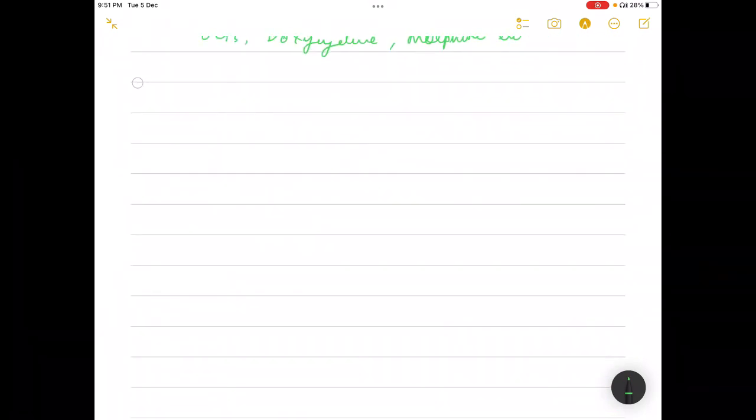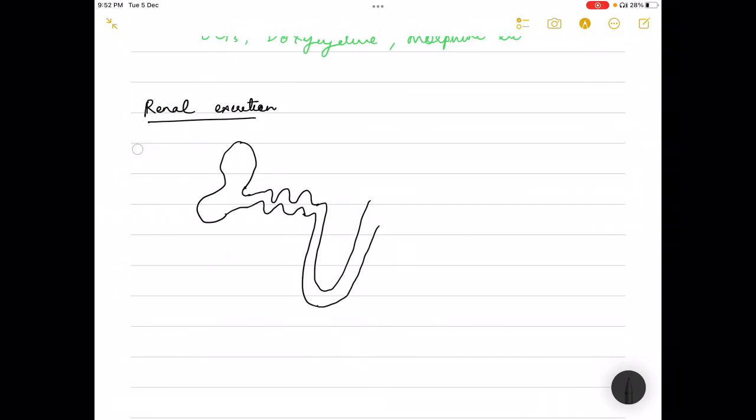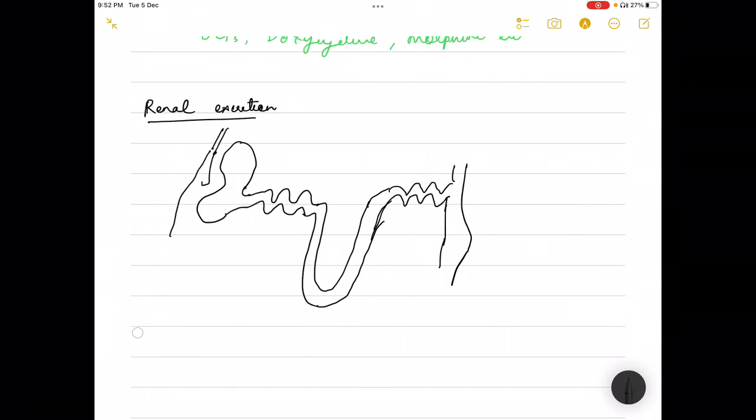Now coming to the renal excretion of the drugs. Suppose this is the nephron. It has a proximal convoluted tubule, then the loop of Henle, distal convoluted tubule, then the collecting ducts. Here there is the glomerulus.